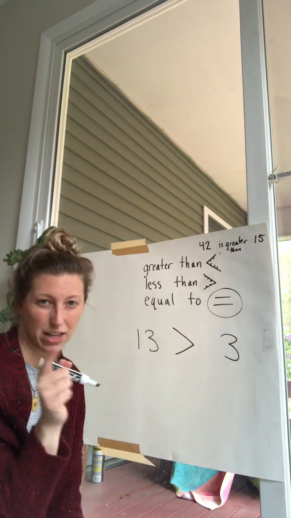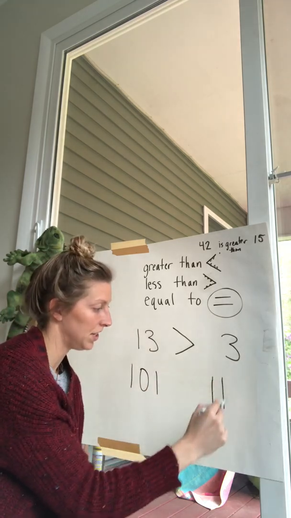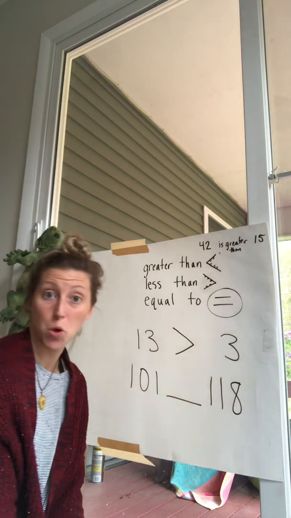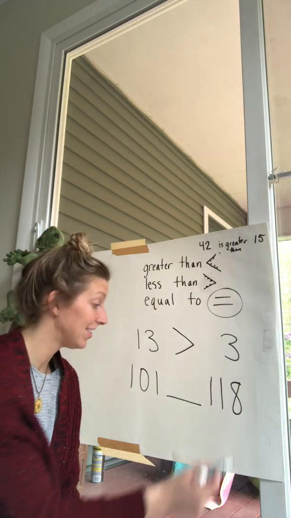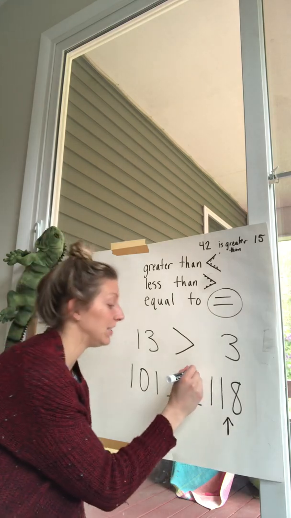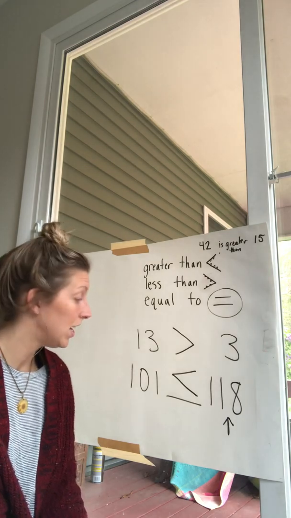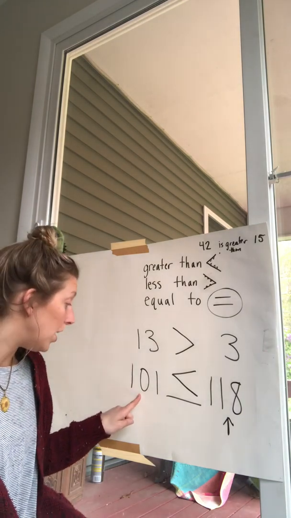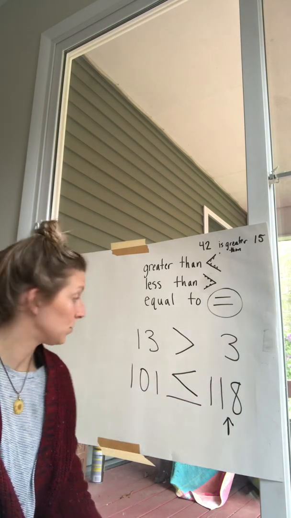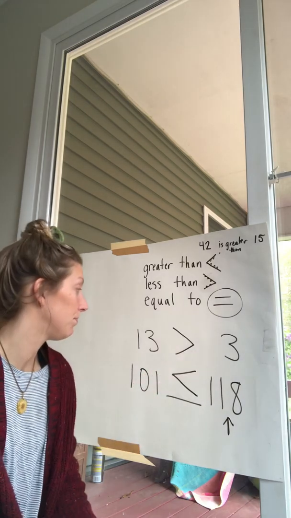Here for my challengers, we have 101 and 118. What goes in the middle? Which one is greater? That one's greater, so the alligator is eating the 118, okay? And we read it, 101 is less than 118. This one is up. 13 is greater than 3.